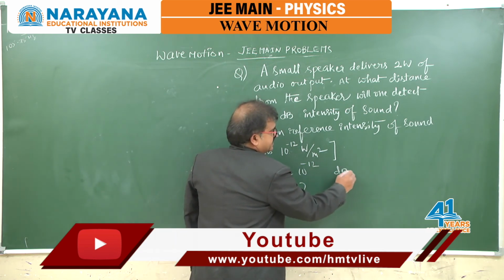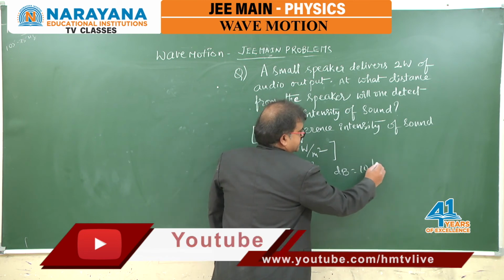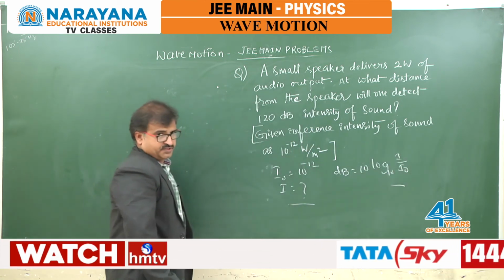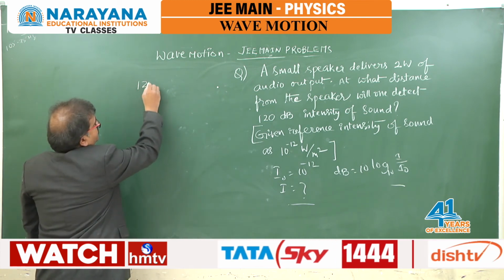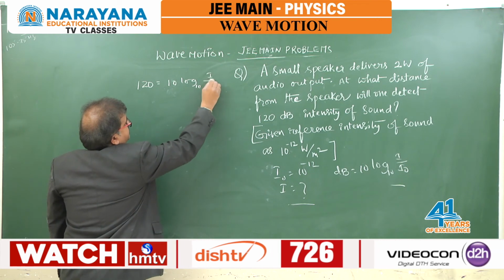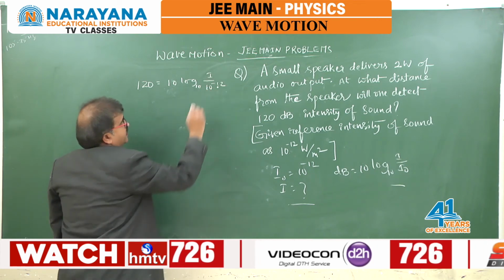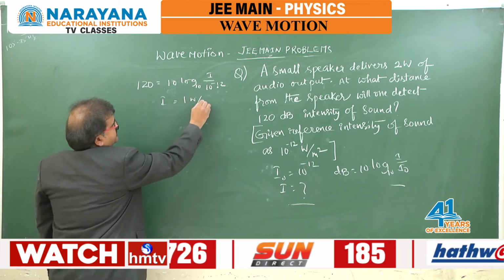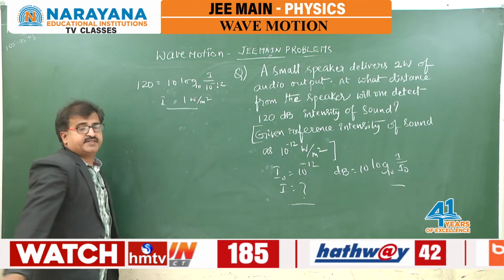We know that in decibels, the value is equal to 10 log base 10 of I by I naught. So here 120 is equal to 10 log base 10 of I by 10 power minus 12. On calculation, this I value is equal to 1 watt per meter square.